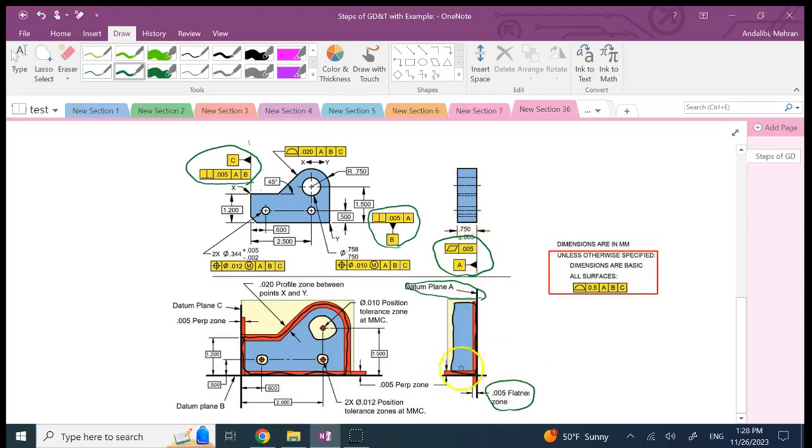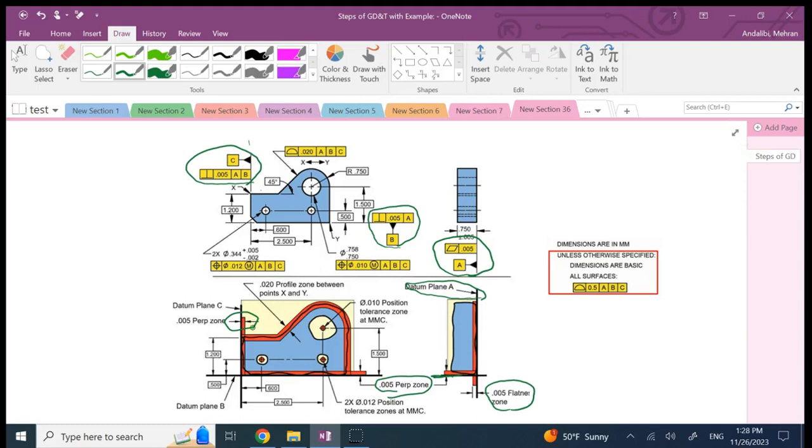And also perpendicularity here, if you look at this again, you see for the bottom surface B, again, it's on one side of this true surface B. And also for C, again, it's on one side of true surface C. Okay, so perpendicularity and flatness are on one side of the true datum.